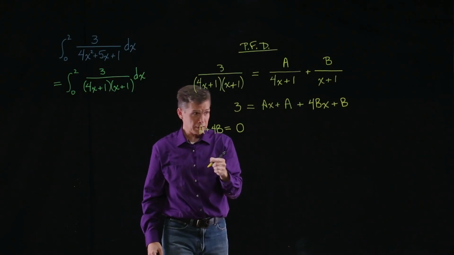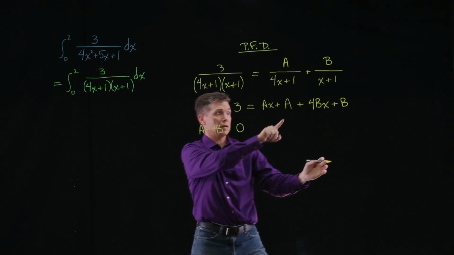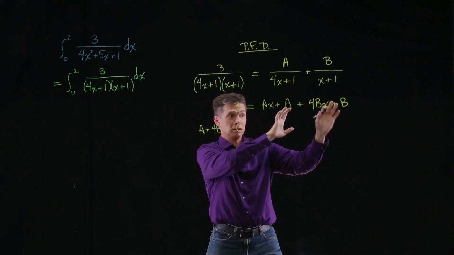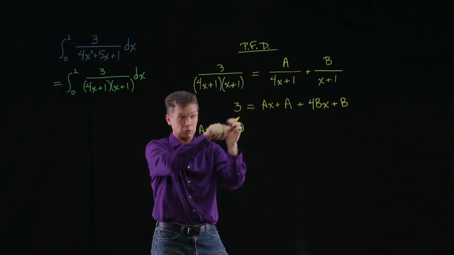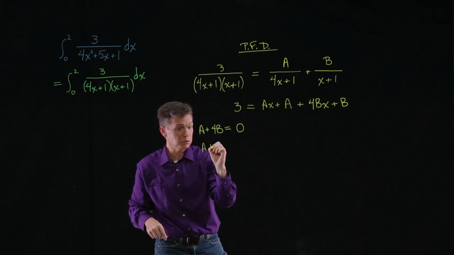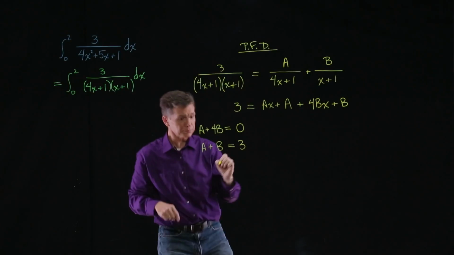Still thinking about a balancing act, look at how many constants you have on the right-hand side. I have A plus B, and that has to balance with the constant on the left-hand side, which is just 3. So A plus B is going to have to equal 3.